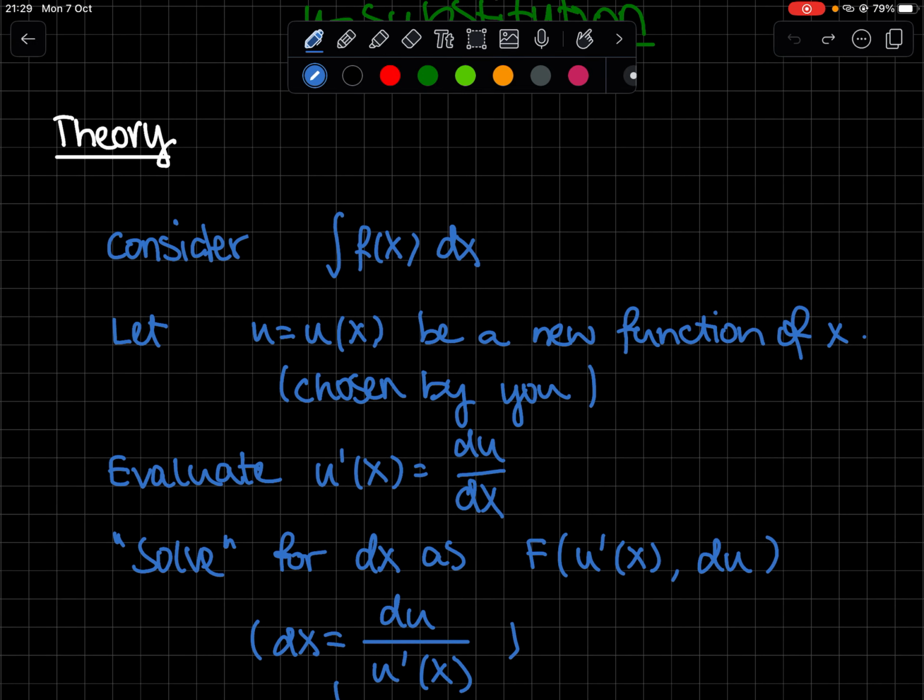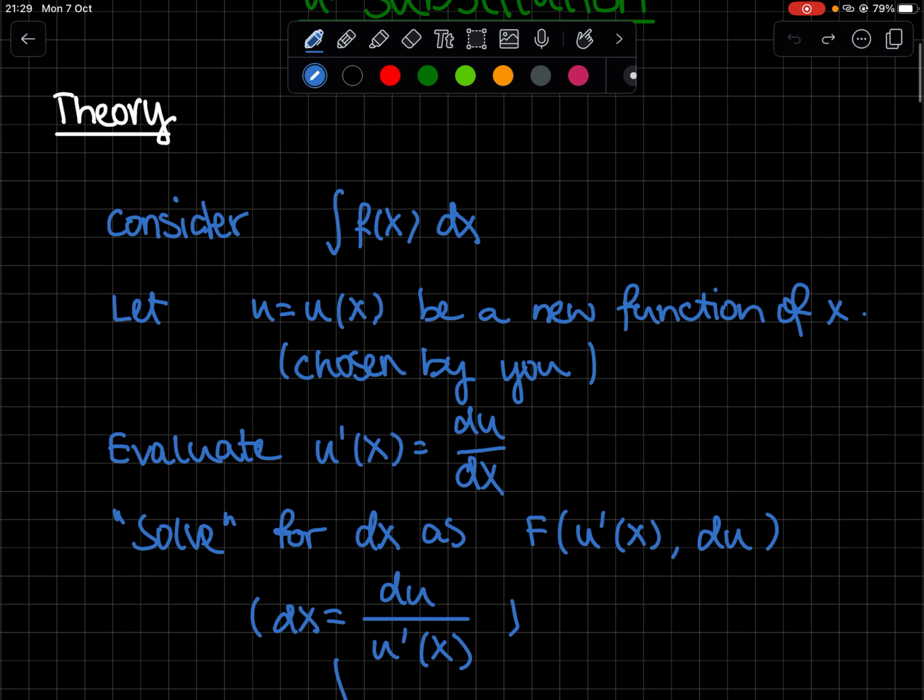The first thing we do after we see this classic integral of a function f of x dx that we have to find is choose a function u, and u is a function of x, okay? So you see f of x, and then based on that, you yourself choose a new function u of x.